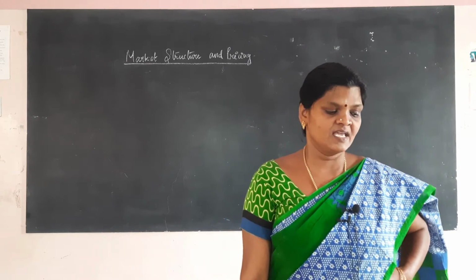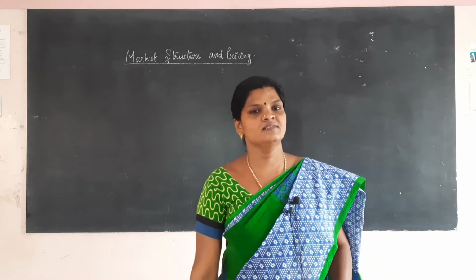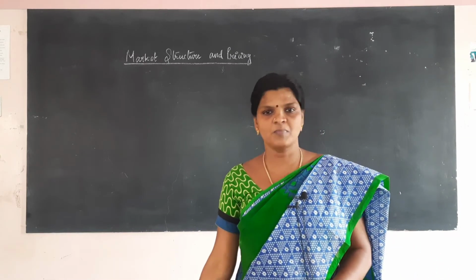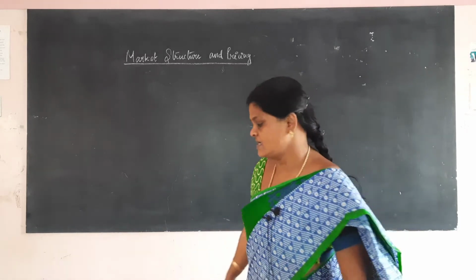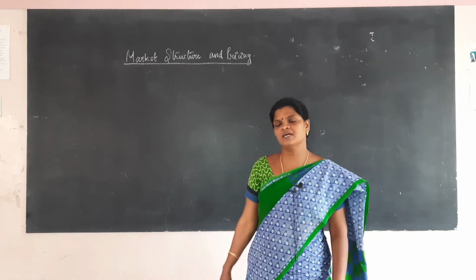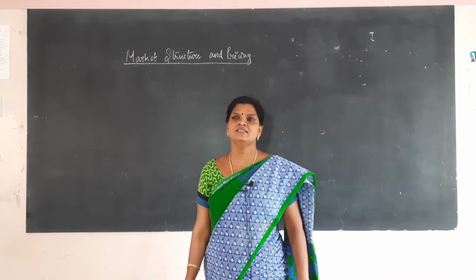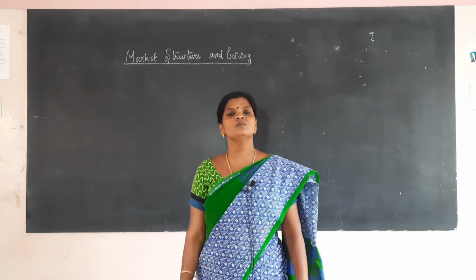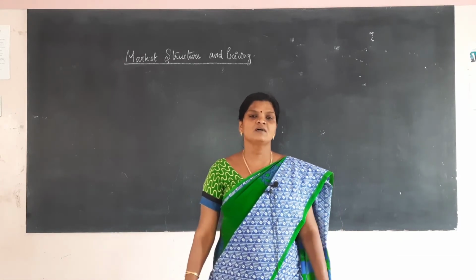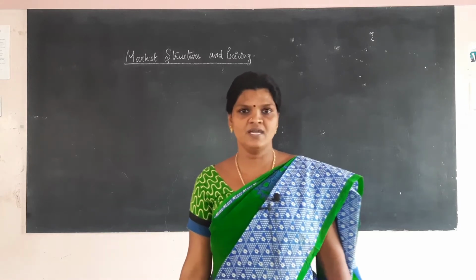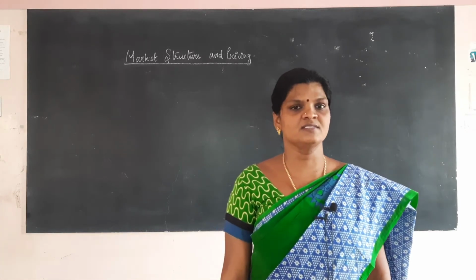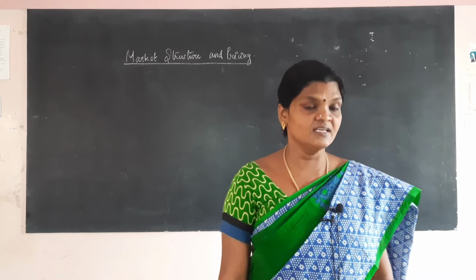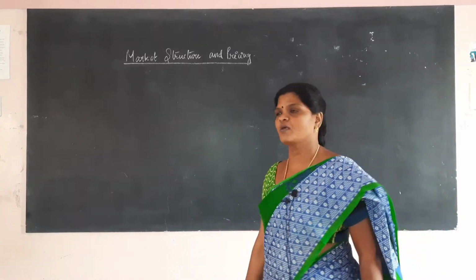Here market means every commodity has two sides, that is supply side and the demand side. In supply side we have to consider the demand and the nature of the products, and quantity of the products.